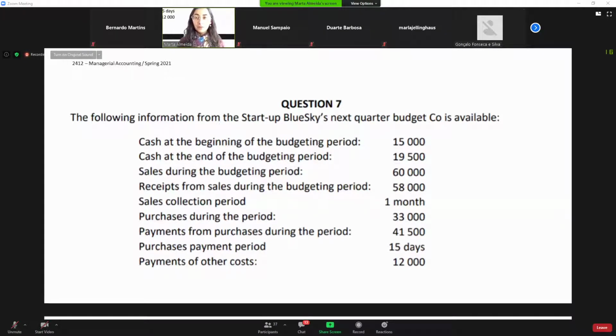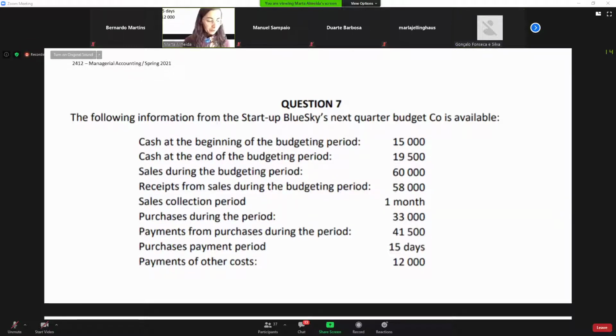But the question was the beginning. Beginning. Exactly. So we know that the payments from purchases will be 41,500, and so if we subtract the 27,500 that was left from the calculations before, we get to 14,000 of payments that should be at the beginning.